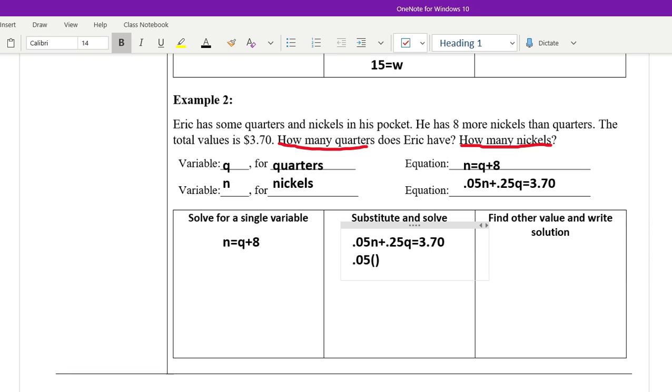It is multiplying to 0.05, so I need to show that. So I'm just writing the rest of it out. All I wanted to do is show that I replaced my n with q plus 8.